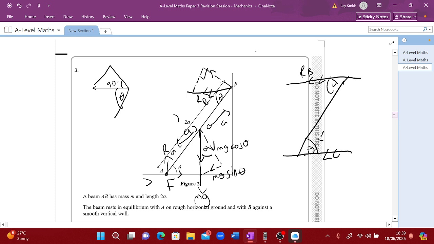So that's going to be 90 minus theta. That's a 90 degree there, corresponding to there. So this angle then is simply going to be 180 take away the two angles, because the angles in the triangle add up to 180. So this angle here is going to be theta, because 180 take away 90 is 90, take away 90, take away theta, you're just left with positive theta. So this angle here is theta as a result.